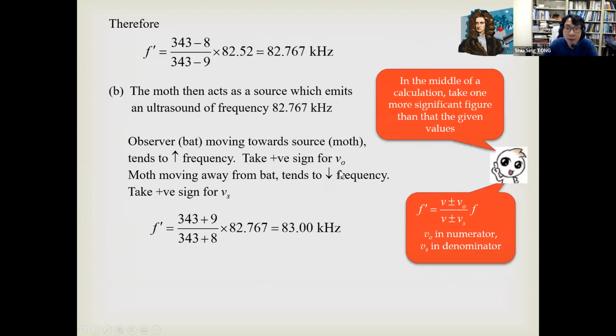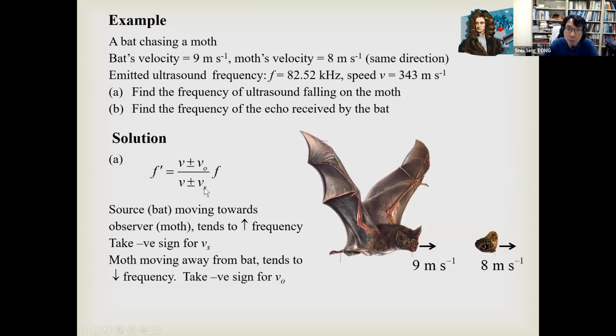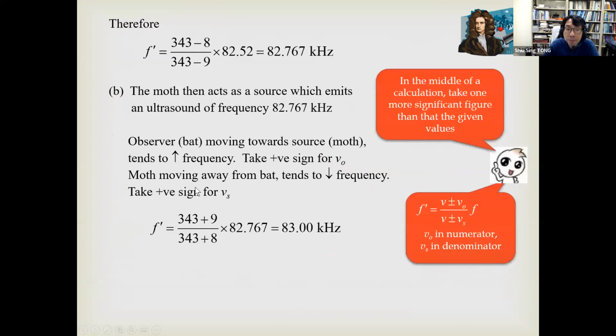And that will make the frequency decrease. How should we do that? Increase the denominator. So we take a positive sign at the denominator. Okay. So both of the signs will be positive. When we multiply by this value of the frequency, we get the frequency heard by the bat. This is the reflected ultrasound heard by the bat.